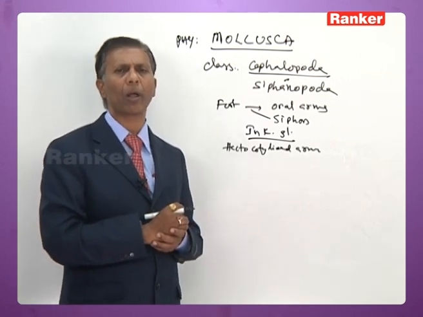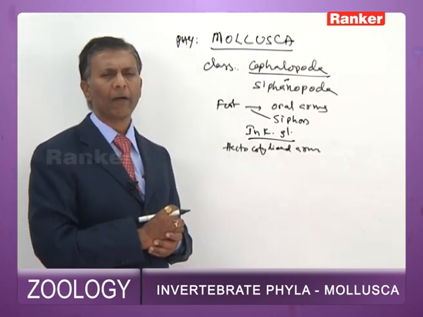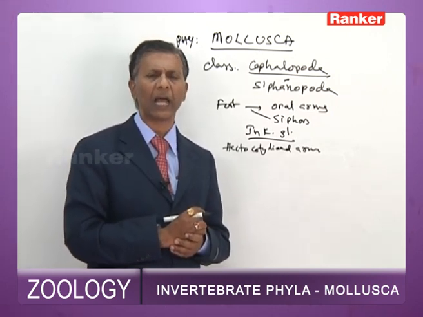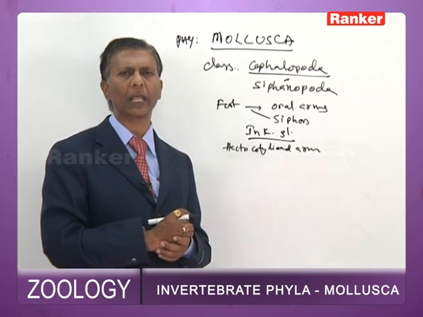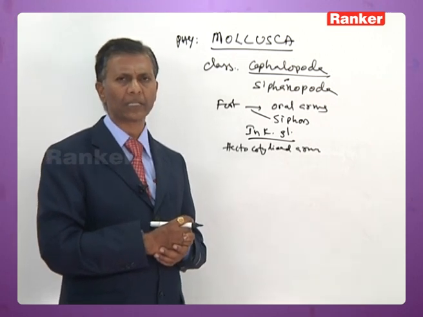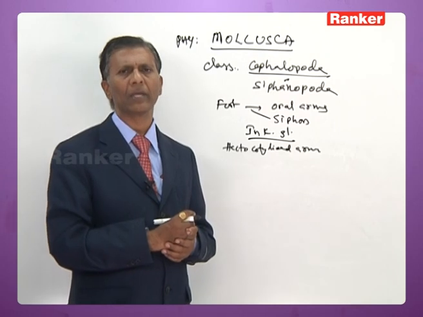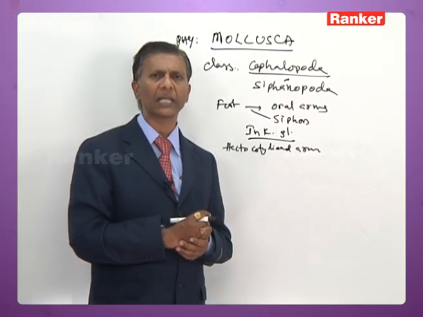It acts as an intromittent organ to ensure internal fertilization. Fertilization is internal and the life cycle is direct without any larva. Shell is absent in octopus, in sepia and loligo the shell is internal, and in nautilus the shell is external.